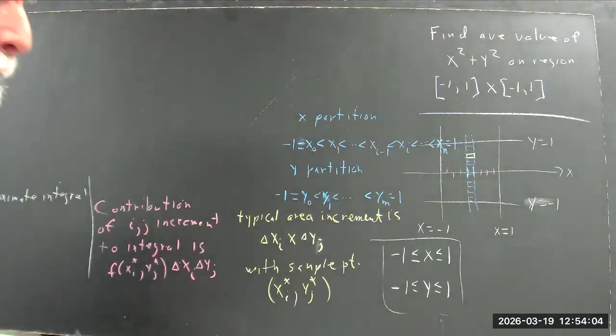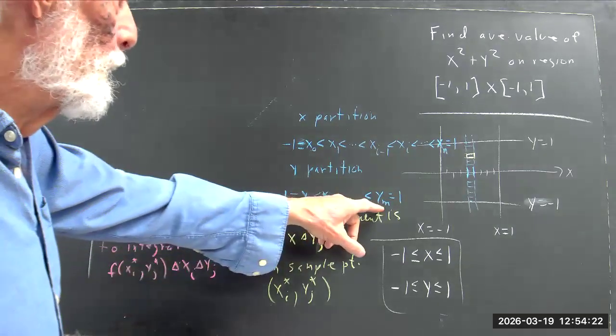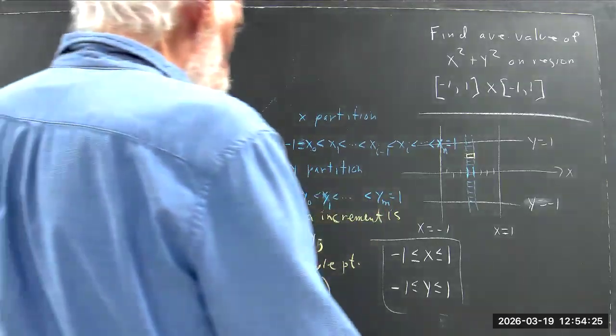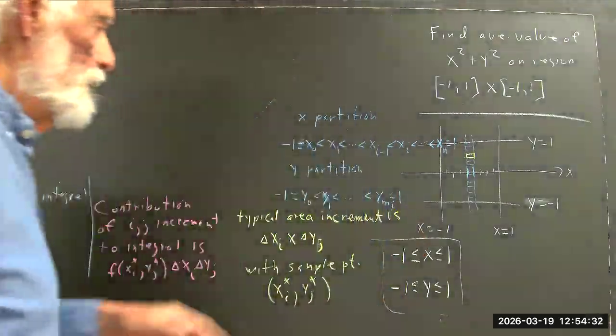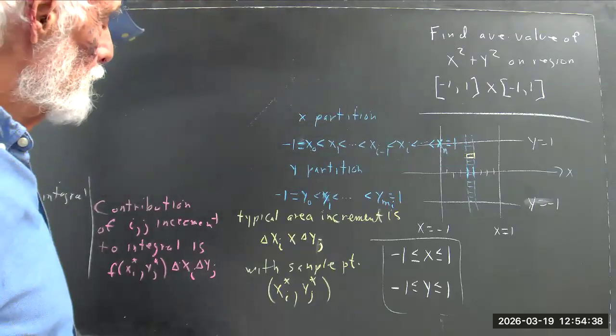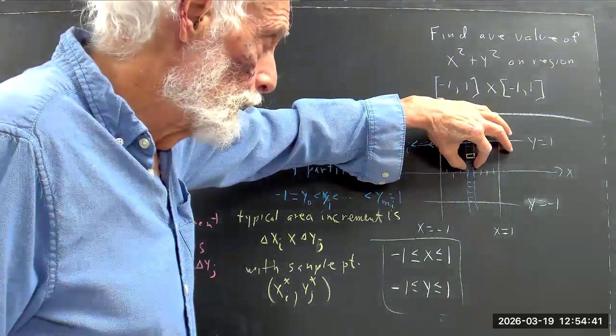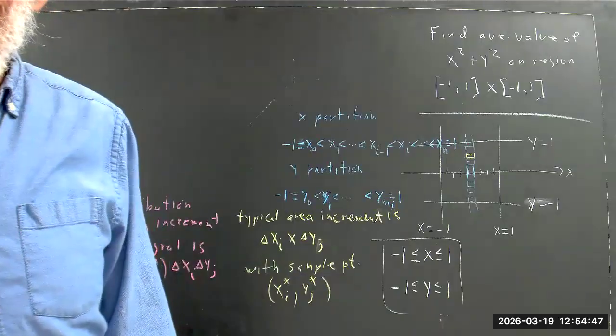Okay? Now I used m here for the y's. And now I'm going to change this to an m sub i because the number of y increments for a given increment of the x partition might change from one increment of the x partition to the next.